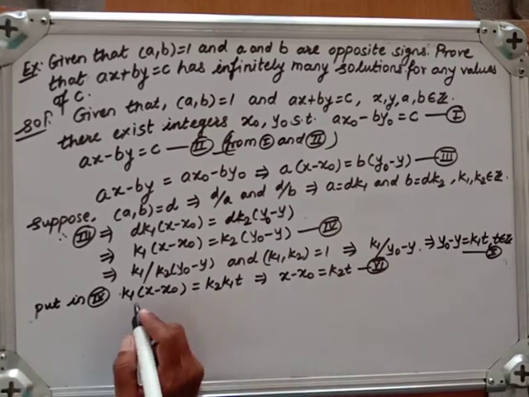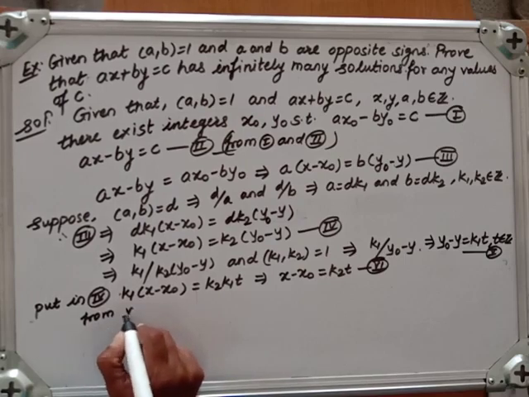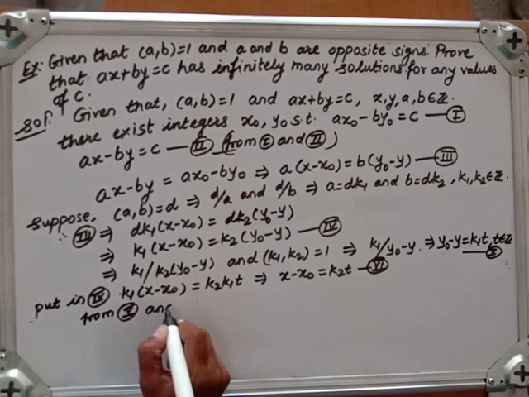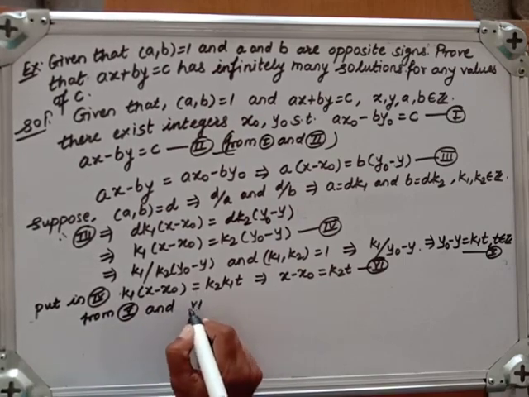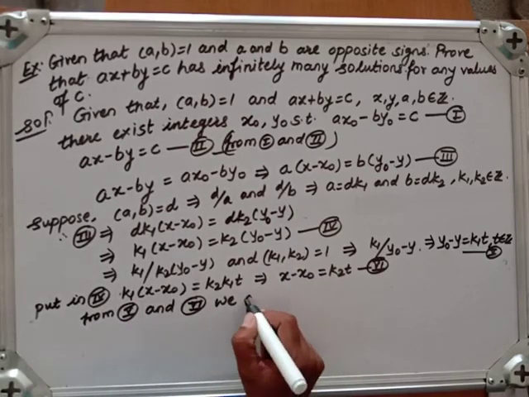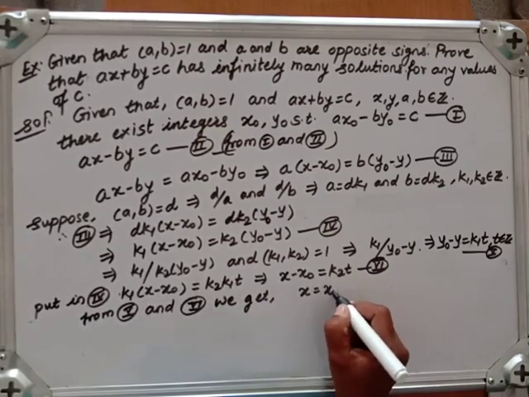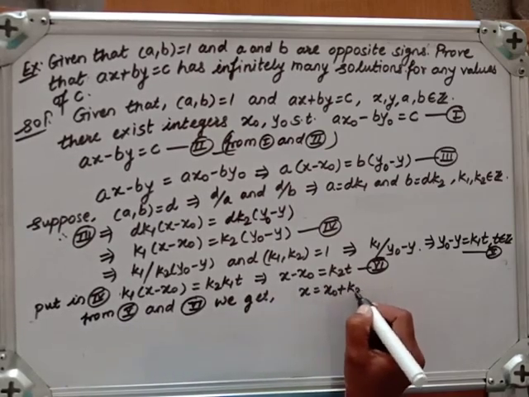Now from 5 and 6 we get x equal to x0 plus k2t.